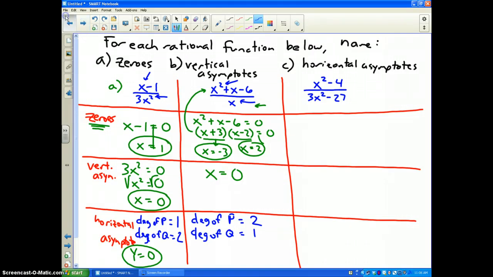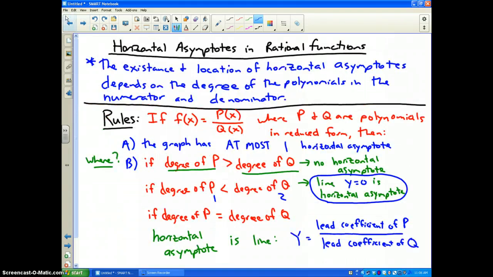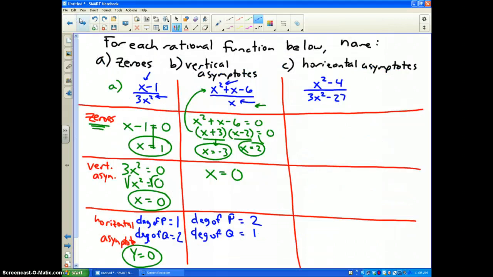So now we go back a slide, and we see that the degree of P is 2, which is greater than the degree of Q, which is 1. Therefore, this graph has no horizontal asymptote. Since 2 is greater than 1, this one has no horizontal asymptote.